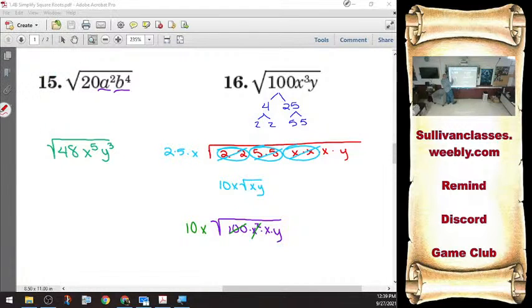I can make this go faster by finding the biggest perfect square that goes in here, 16 by 3, breaking this up into an x to even and then one off to the side, break this up into a y to the even thing and a y off to the side. If it's not even, it's not going to come out of radical land. So just take one off of there.